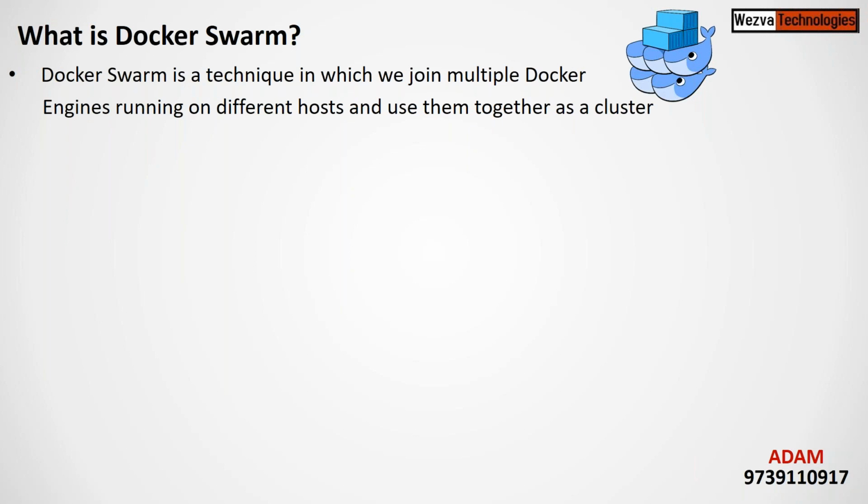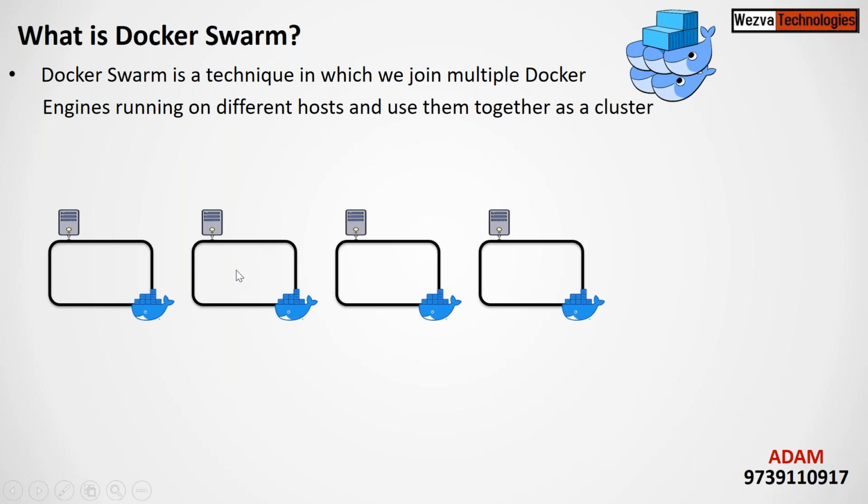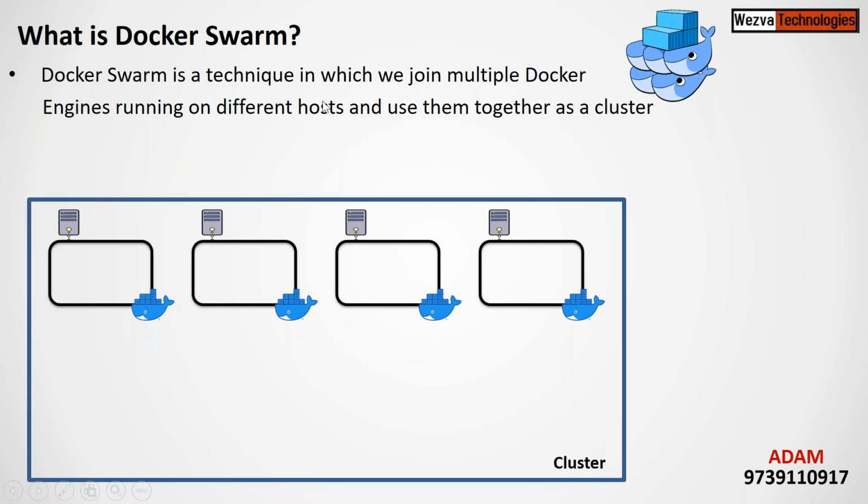Swarm is nothing but a technique where we connect multiple machines in which Docker daemon is running, so that we will be able to create a cluster, and whatever management for the containers we need, we can do through that cluster. So instead of going to each machine and managing the container creation or stopping, we can create a cluster wherein we can put however many machines we want, and using this cluster we will be able to do the orchestration.